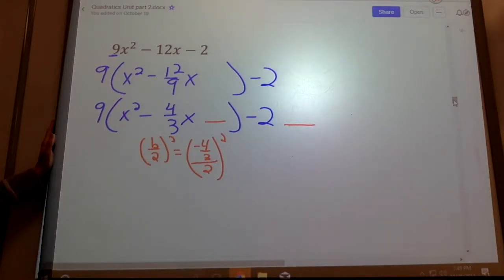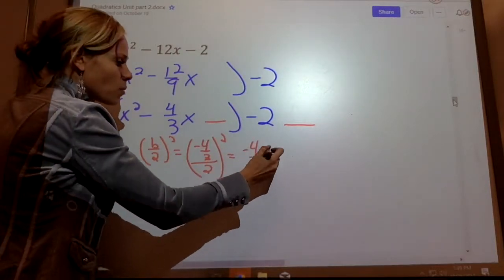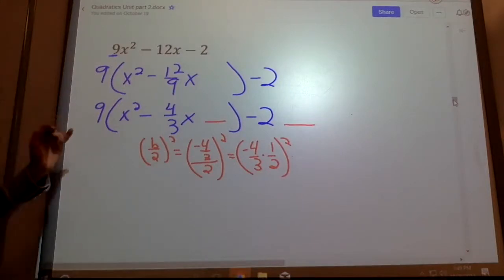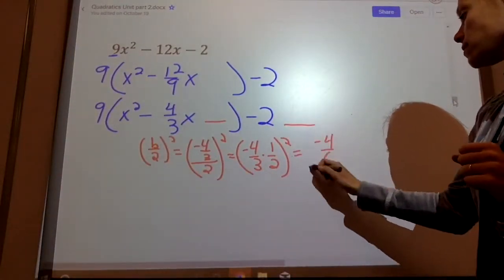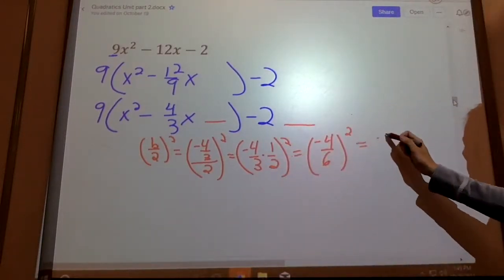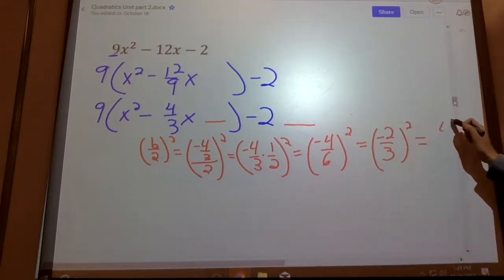So whenever you have a fraction, instead of dividing by 2, let's multiply by 1/2. And that'll make it easier. So this would be negative 4/6. Multiply tops, multiply bottoms, which would be negative 2/3. And then finally I can square it: 4 ninths.